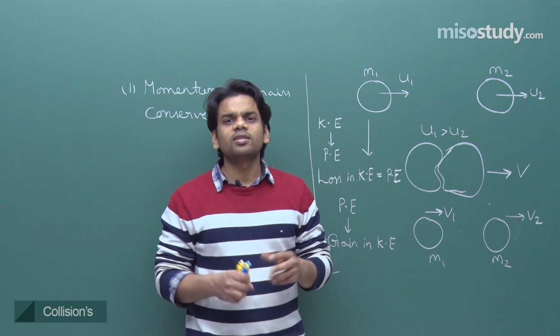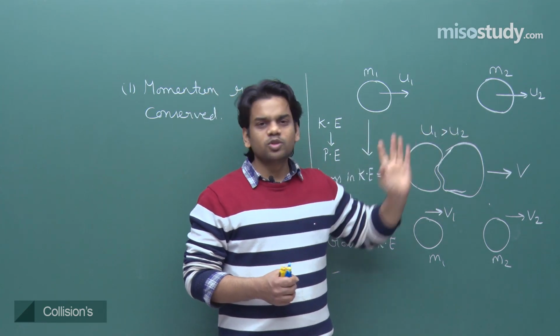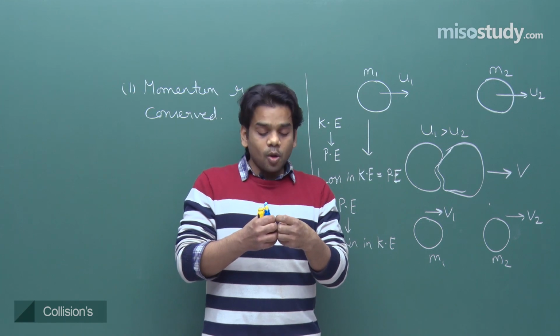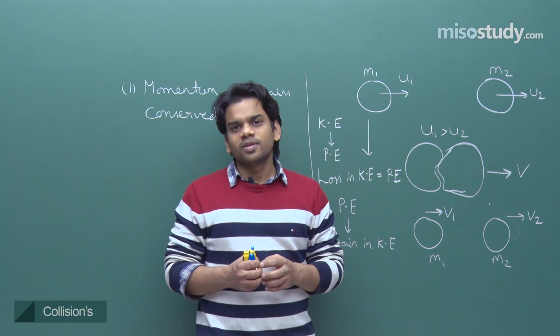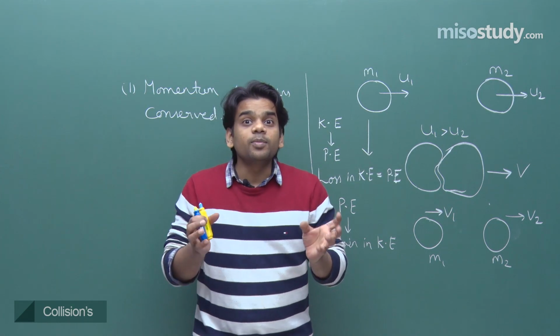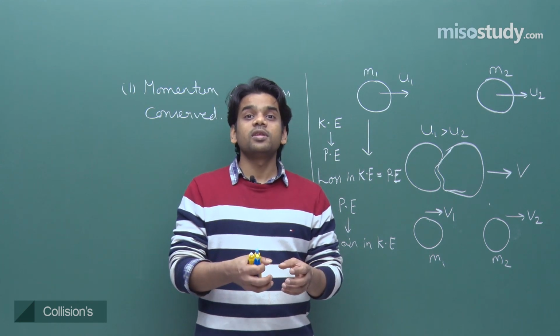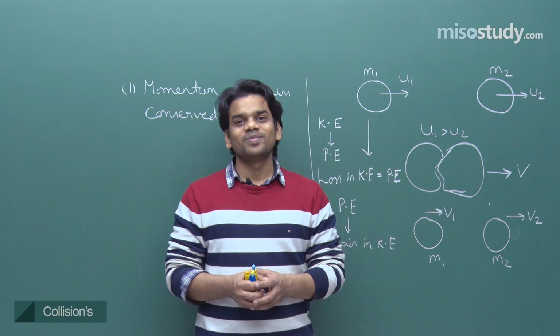Let's proceed further. What third thing can happen? Third thing can happen: let them move with some speed, let them collide, let maximum deformation take place. Now, as the object starts regaining its original shape and size, there can be a case when some deformation can still remain in both the objects. When some deformation still remains in the object, that means some potential energy will be stored in the object.